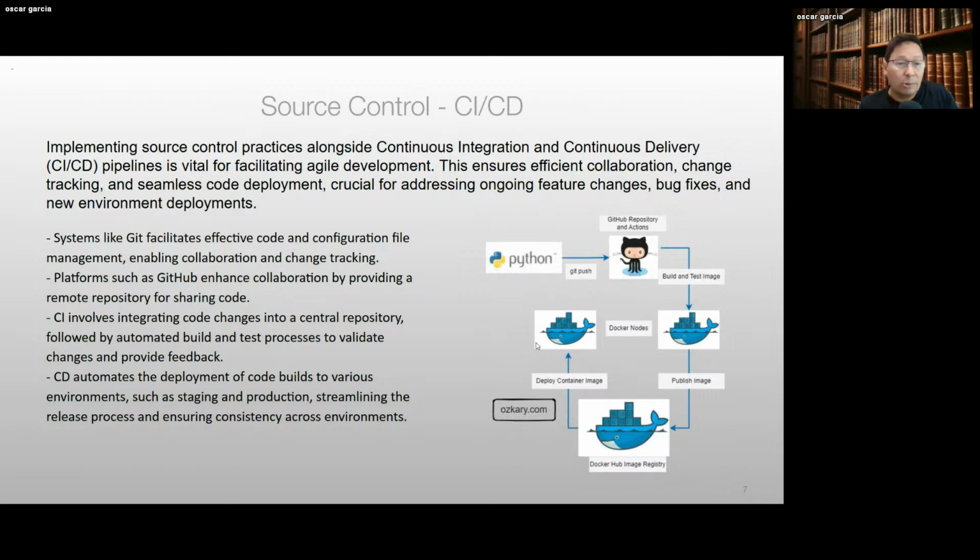If you don't have a Docker container, it's the same process. If it is just code, let's say you're building a Python solution, you make the code changes, you commit the changes, you push it to your server, but then there's going to be a process that runs as you push to that branch. You're going to build that code to make sure it's working. You're going to run some unit tests to make sure there are no failure points, and make sure that everything is working without defects, right?